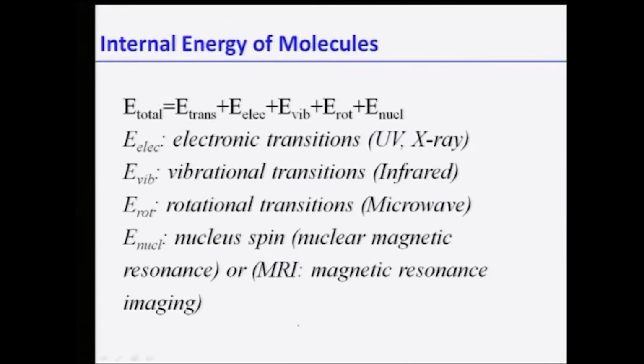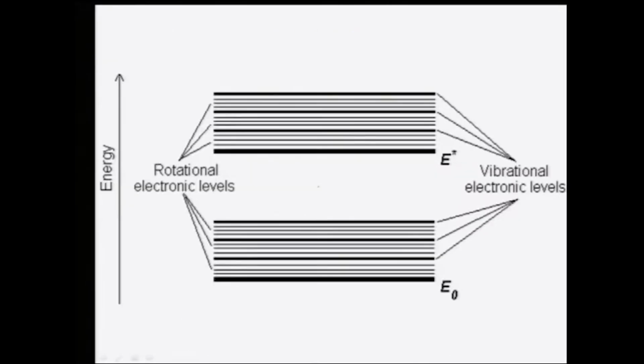If I consider the total internal energy of the molecule, simplistically, it consists of electronic transitions, vibrational transitions, rotational transitions, and nuclear transitions. Normally electronic transitions are determined by UV and X-ray, vibrations by infrared, as I have just told you, and these are the different energy levels I have shown you.